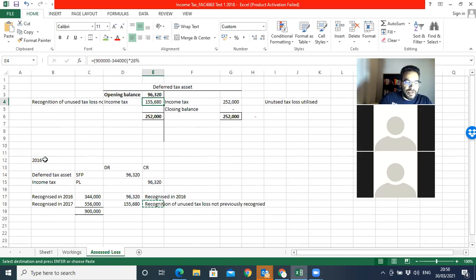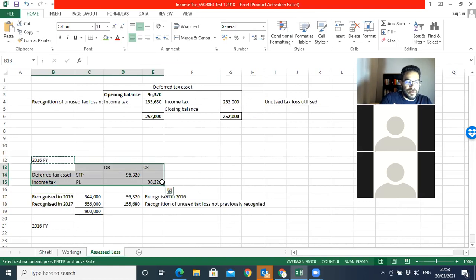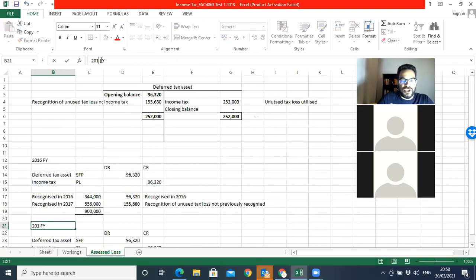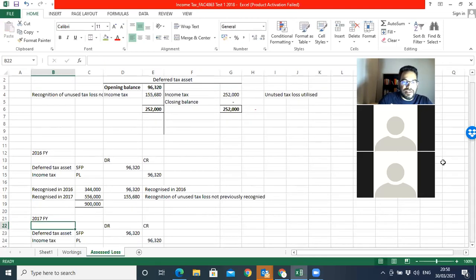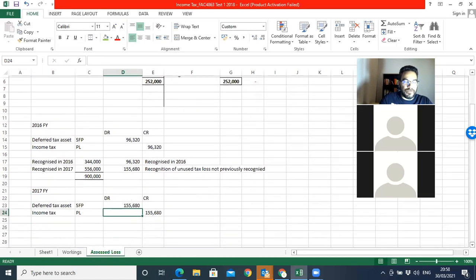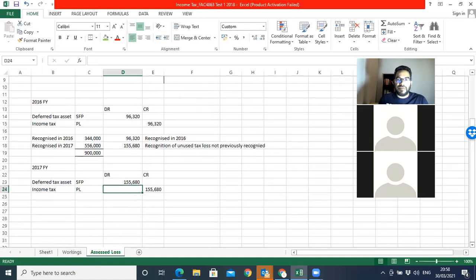If I do the journal entries in the 2017 financial year, I'm saying debit deferred tax 155. For every debit, there must be a credit. The credit is going to income tax. Remember, a credit to income tax reduces income tax.